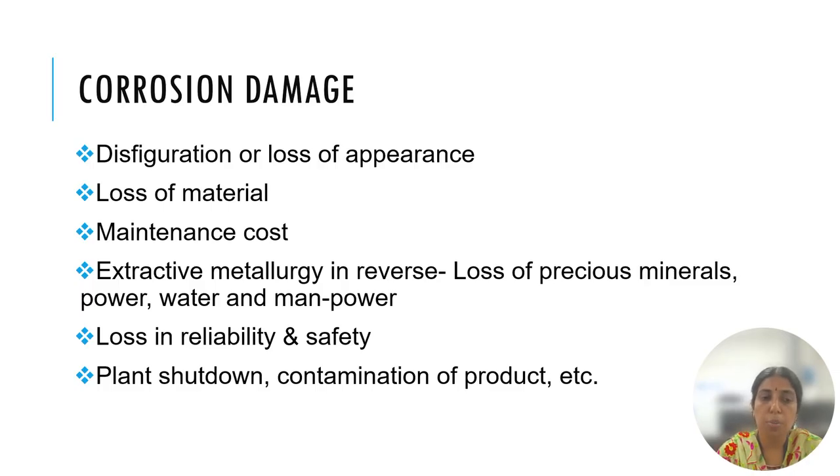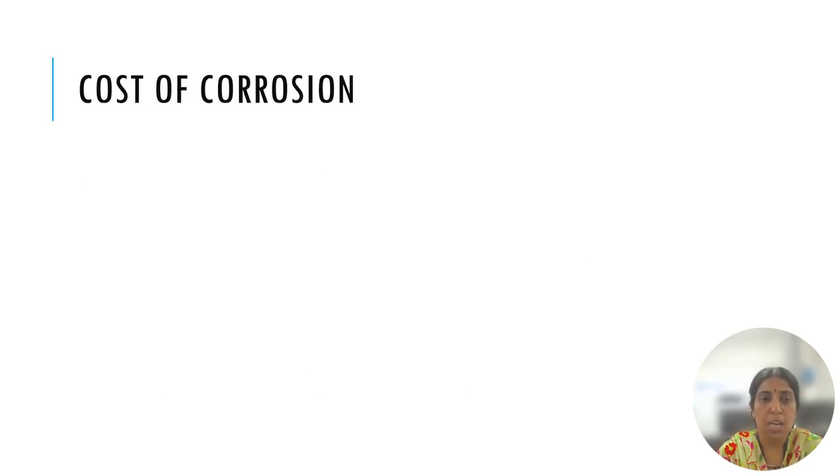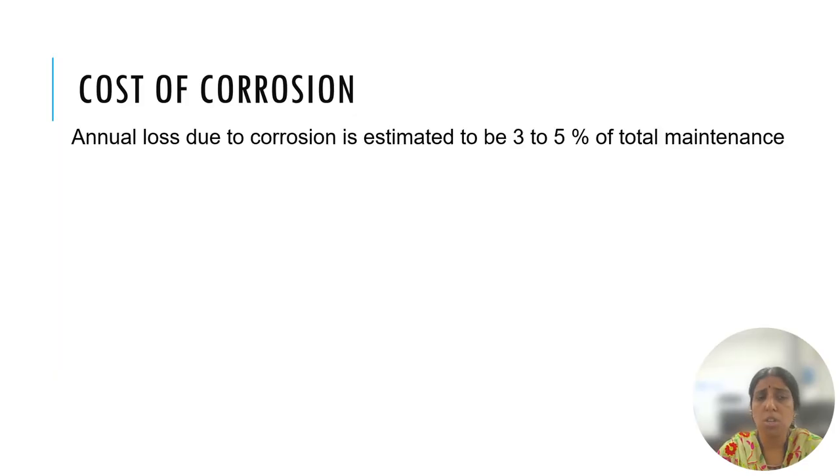Sometimes corrosion products, like ferrous sulfate, ferrous oxide or iron chloride, get into the stream of our material and lead to contamination of the product. So there is numerous corrosion damage, starting from the loss of material, the added maintenance cost to protect the material, and also a lot of concern with respect to safety, ending in plant shutdown.